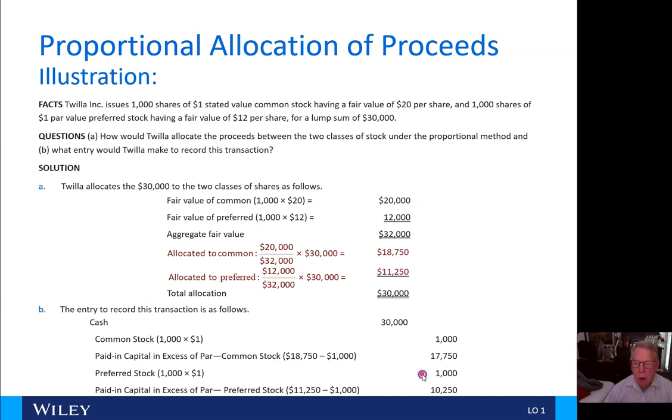We take the $1,000 par value given in the problem, and the difference between 11,250 and $1,000 is 10,250, and that's our paid in capital in excess of par, preferred stock. So pretty straightforward for allocating based on the proportional method.